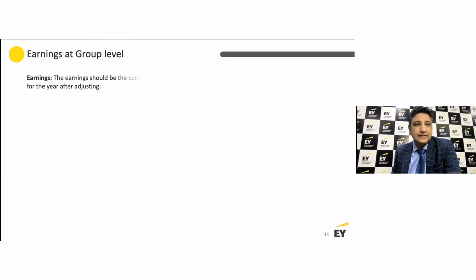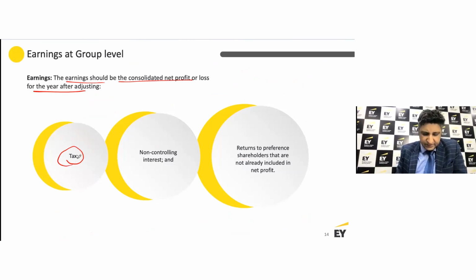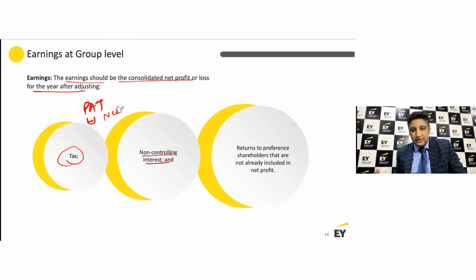So when you look at this entire context, we are saying that at a group level, as we discussed before, the earning should be the consolidated net profit or loss for the year or the period after adjusting any taxation. So it is always profit after tax, subject to non-controlling interest. You don't call it a payment, but you need to factor in what is the profit which is not available to yourself as the parent.